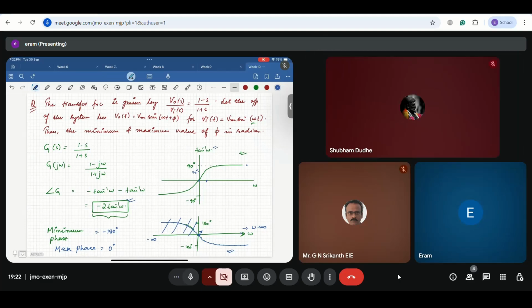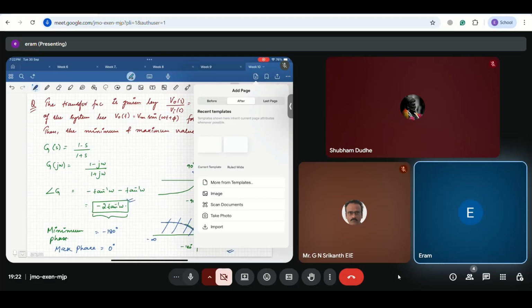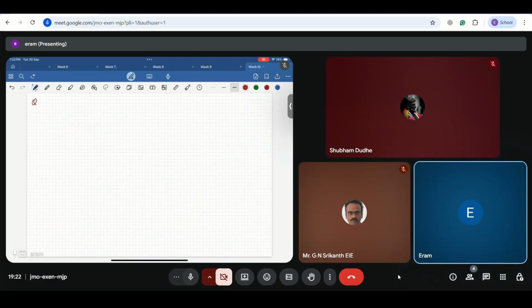Okay, let's move to another question. The Bode plot for transfer function g of s is shown below.